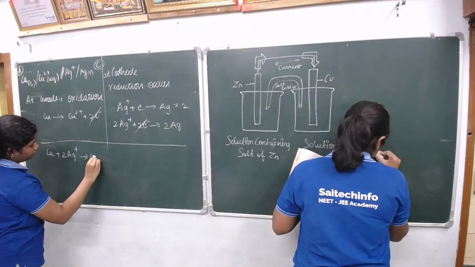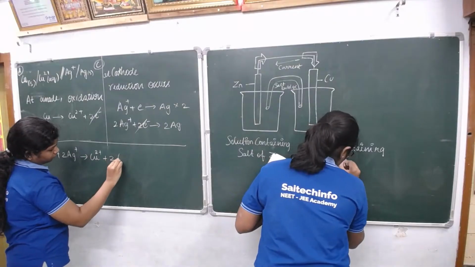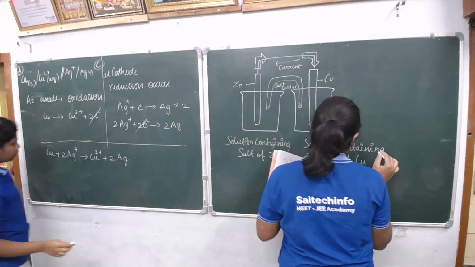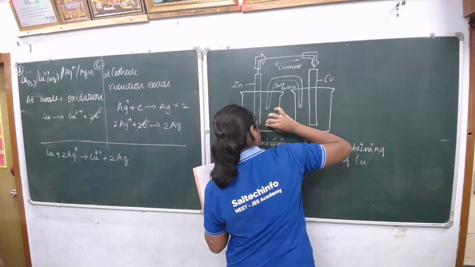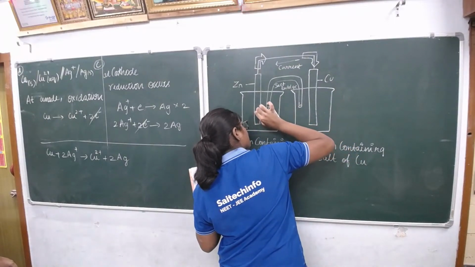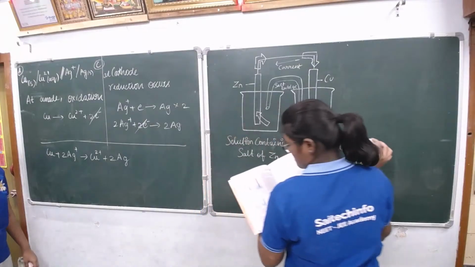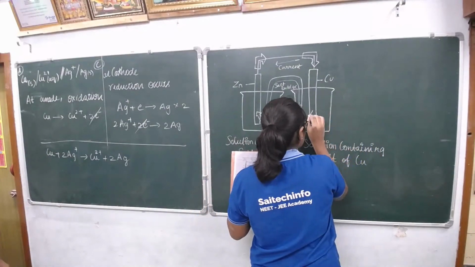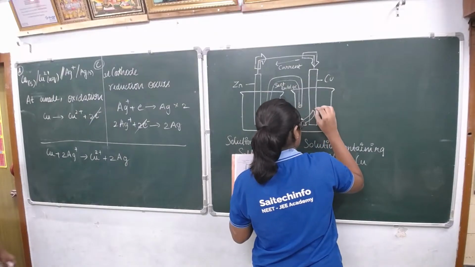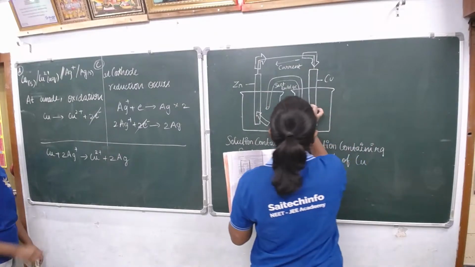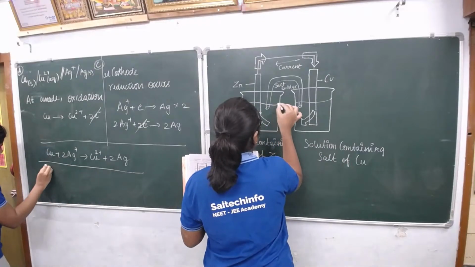Gives Cu2+ + 2Ag. So this is called the combined reaction. That one is the anodic reaction, and on the right hand side you have the cathodic reaction. By combining these two, you get the electrochemical reaction. Put a line. This is the electrochemical reaction.